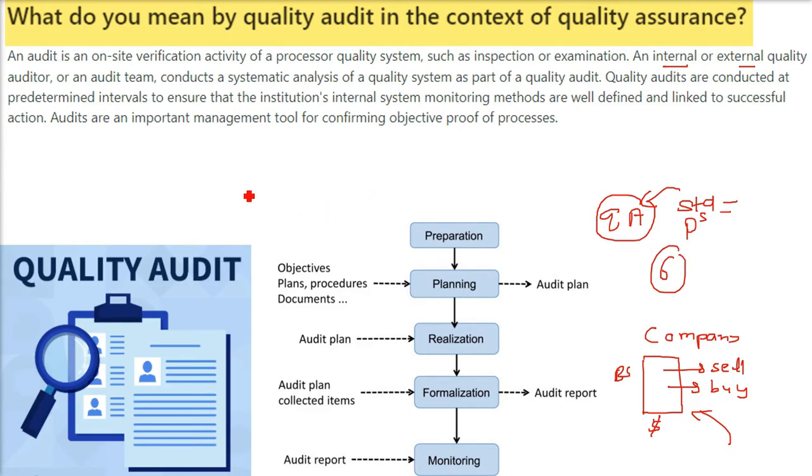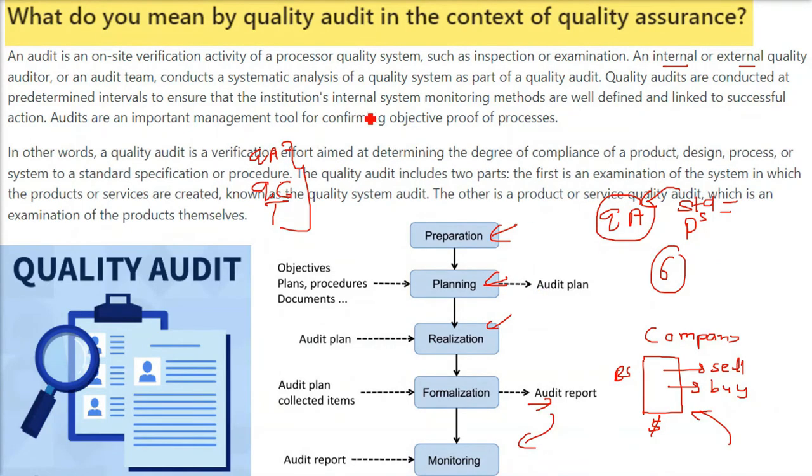Audits are an important management tool for confirming objective proof of processes for quality assurance, quality control, and testing, so any problem will come out. The quality audit produces a report saying that things are not followed and you need to work on it. So in order to ensure quality assurance, we need to take the quality audit report seriously.